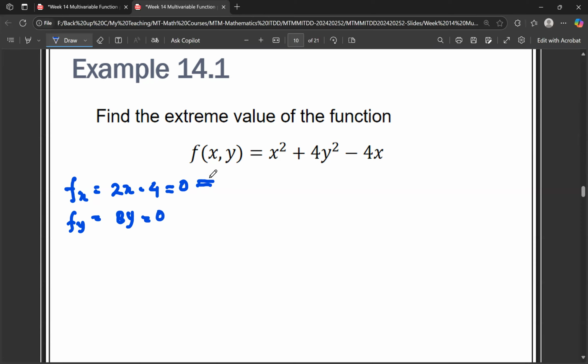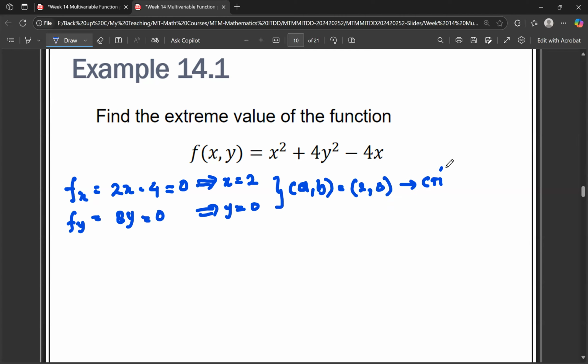So the solution of these equations is x equals 2 and y equals 0. So this is the critical point (a, b), which is (2, 0).